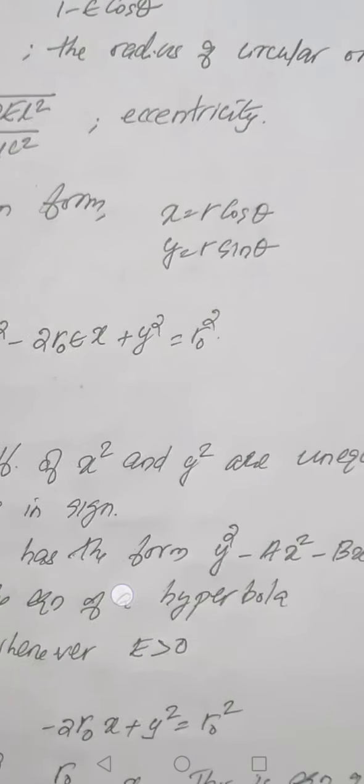Here a is some constant, which is going to be 1 minus epsilon square, and b is 2r0 epsilon.